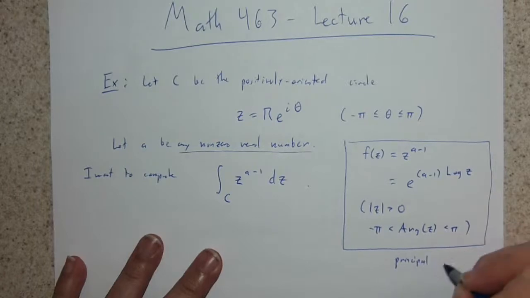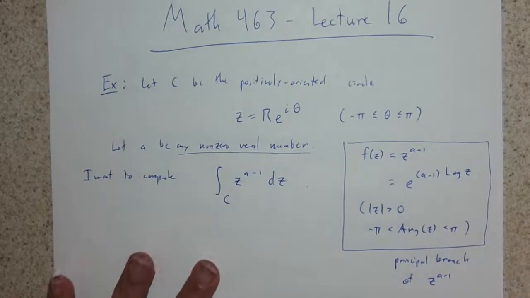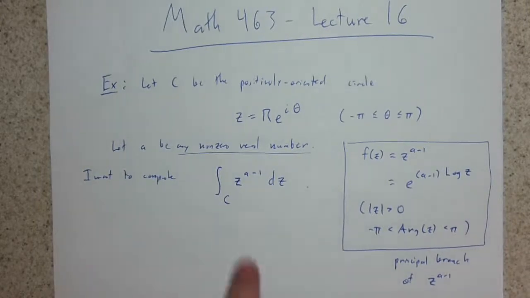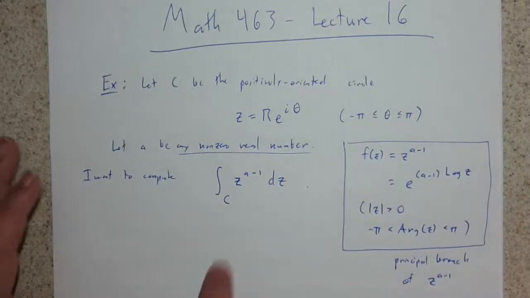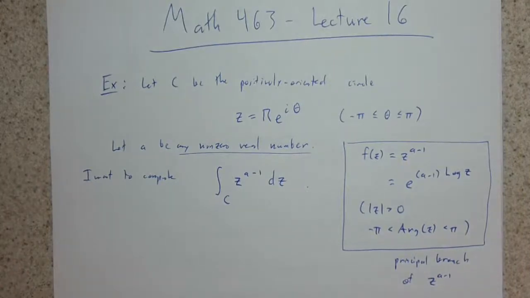So this is the principal branch of z to the a minus 1. It's always good to remind yourself that even something that looks innocuous when you're dealing with real valued functions is something that we have to take caution with here.